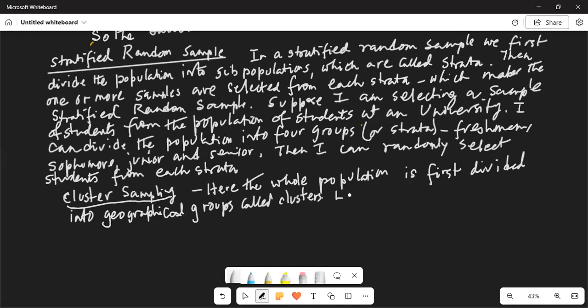Each cluster is representative of the population.